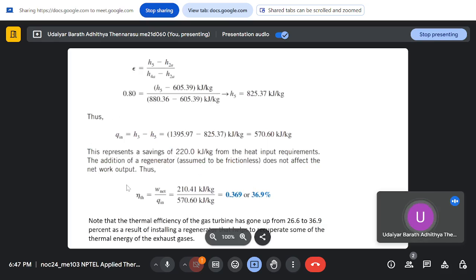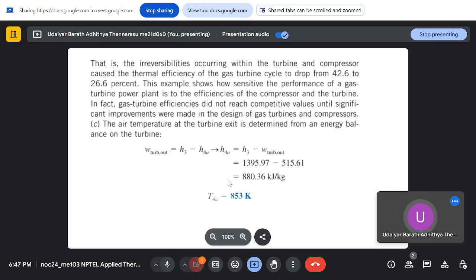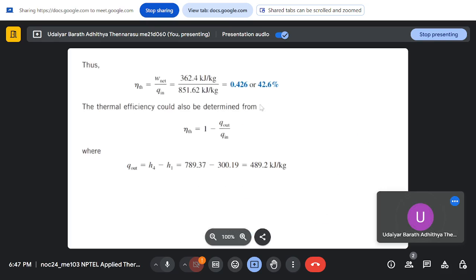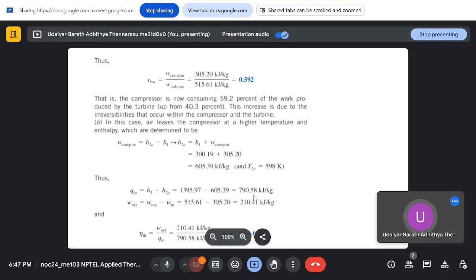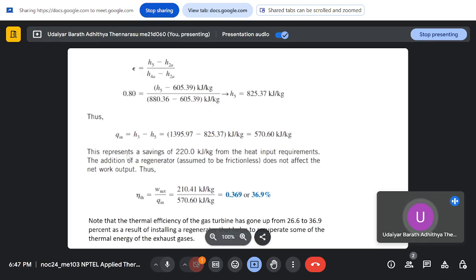With this, the new efficiency is W net by Q in, which is 210.41 divided by 570.6. This comes out to be 36.9%. The ideal efficiency was 42.6, then accounting for the efficiency of the turbine it reduced to 26.6, and it has now increased using a regenerator to 36.9.